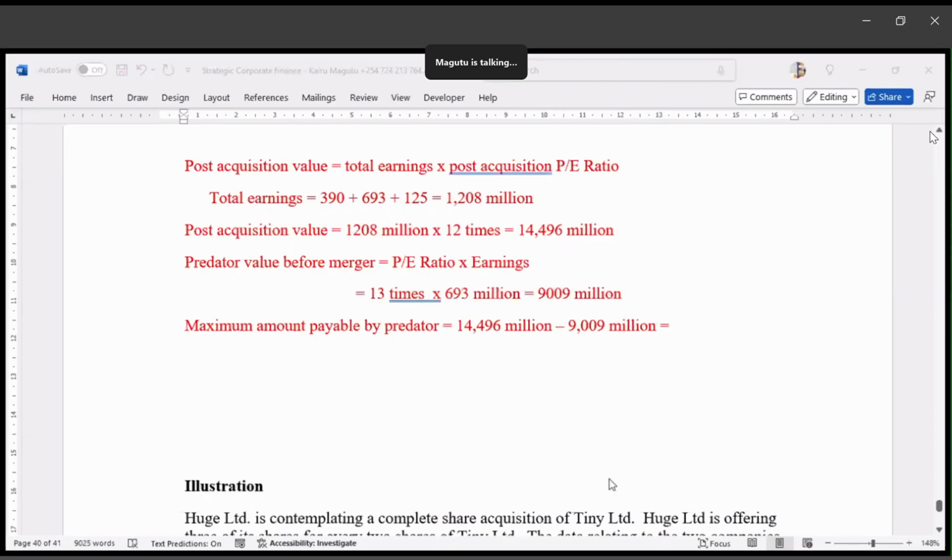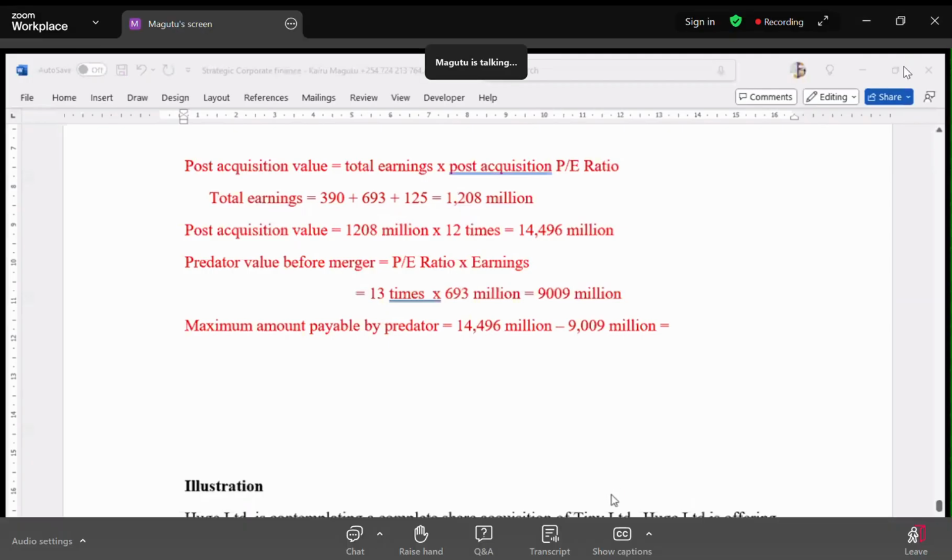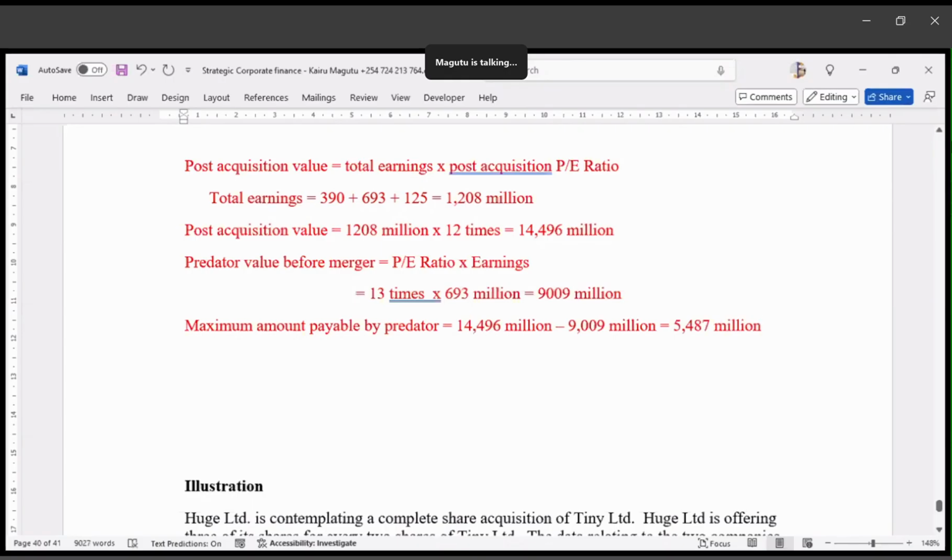$54.87. Is that correct? Someone is giving me $54.87. Please confirm. $54.87 million, yes. So what are we saying?